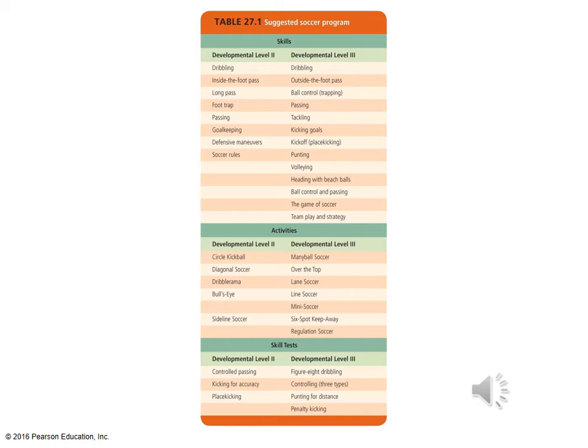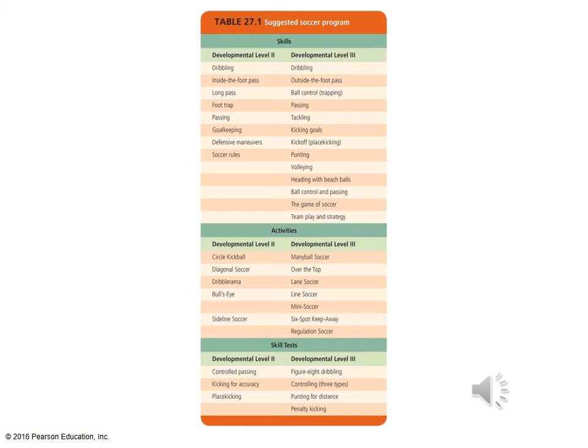For developmental level 3, notice they include developmental level 2, but they add for the skills outside the foot pass, ball control and trapping. They still have passing, tackling, kicking goals. They're adding all this other stuff for 5th grade. So it gets more serious in 5th grade, and that's where you actually play the game of soccer.